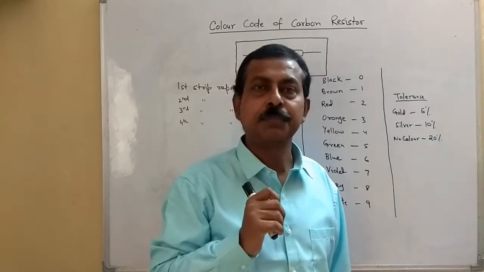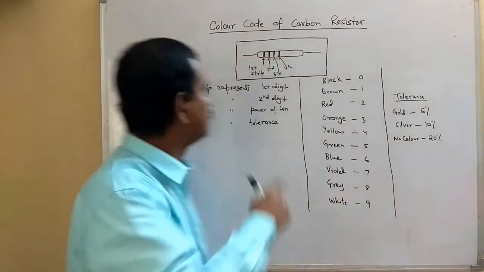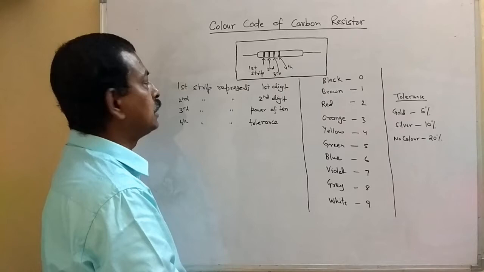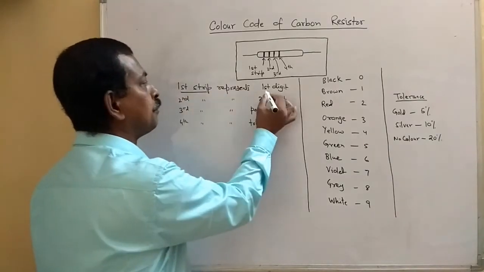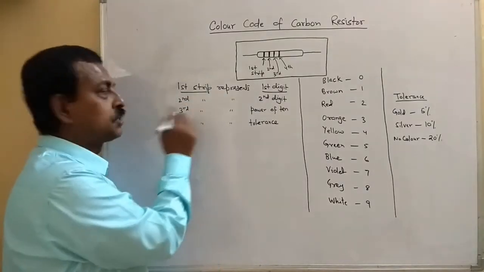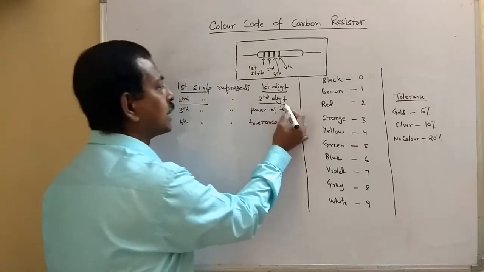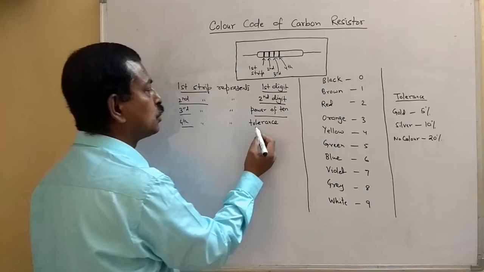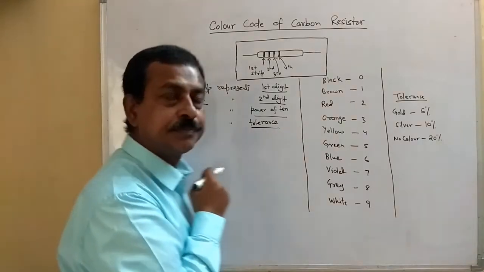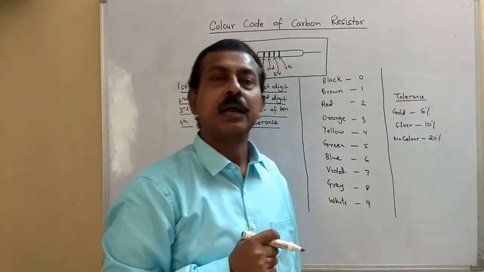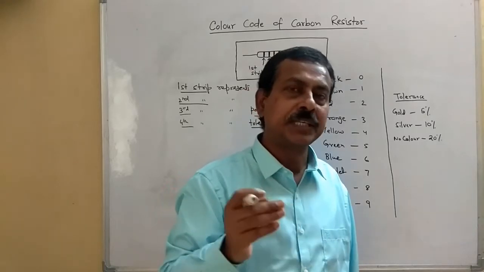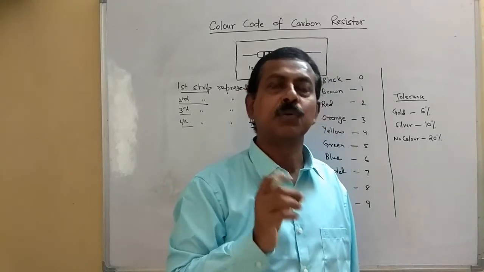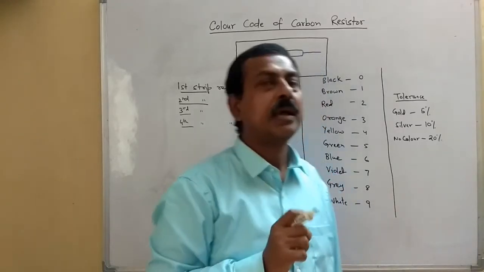The first stripe represents the first digit. The second stripe represents the second digit. The third represents the power of 10. The fourth represents the tolerance. Tolerance means it will give you the range of variation for that particular value of resistance.